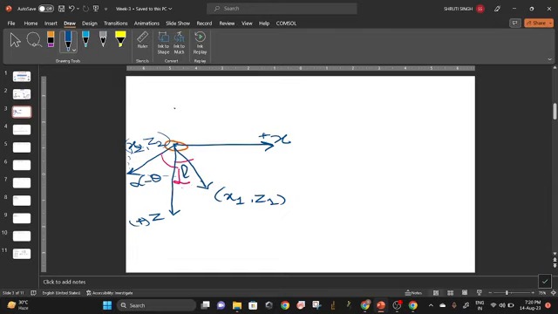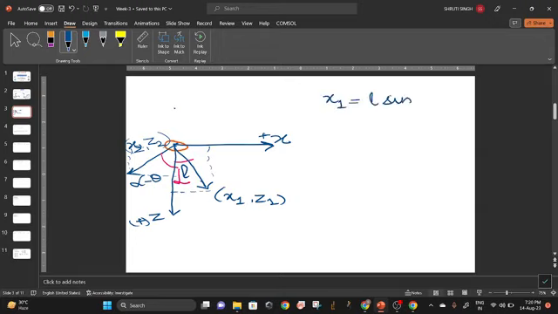Now for x1, how much is it? This point is x1. x1 is r sine alpha.